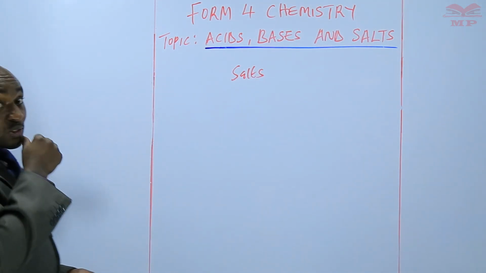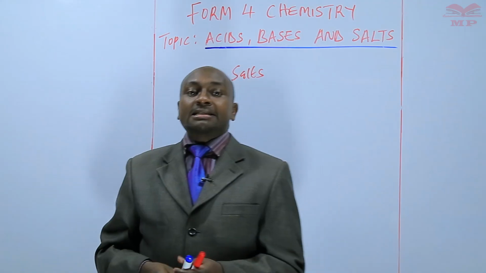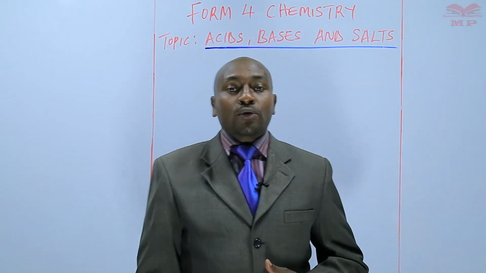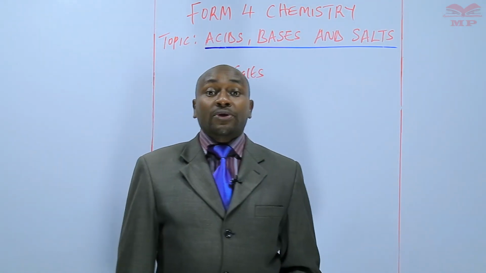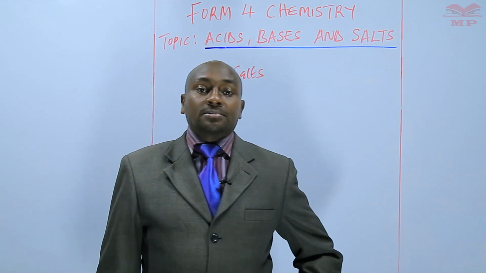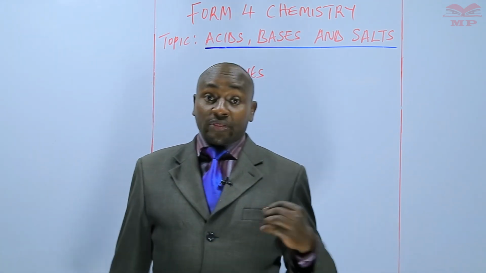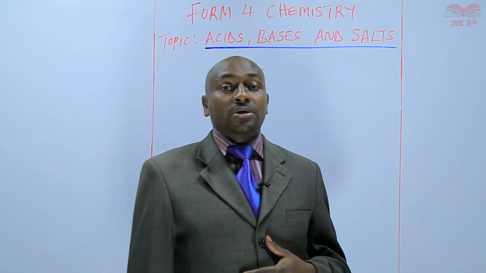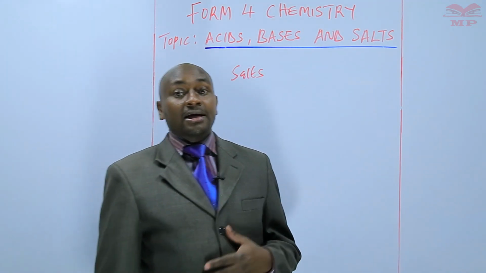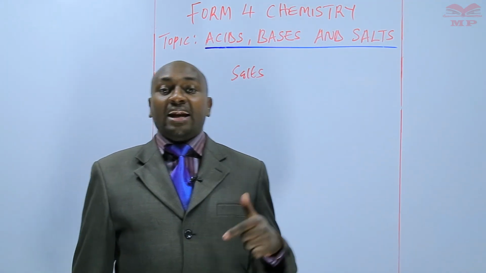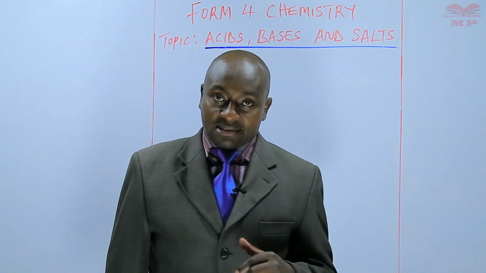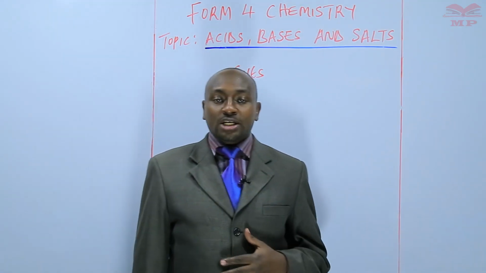We defined a salt as a chemical substance that is formed when the metal ions in a base react with the non-metallic ions in the acid. That's one of the definitions that we gave.